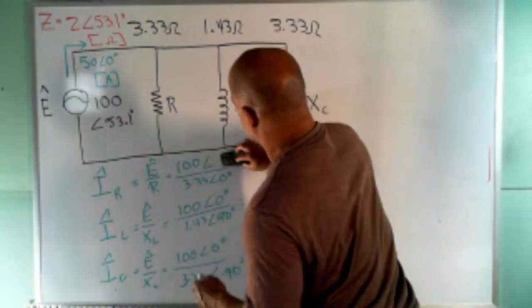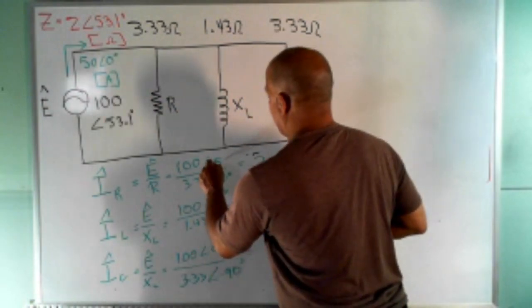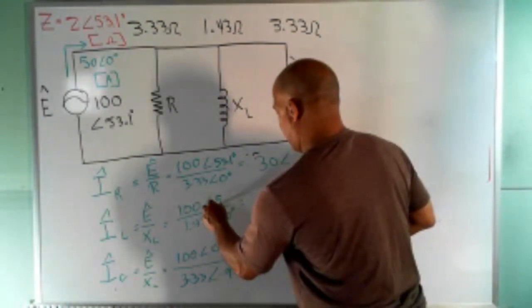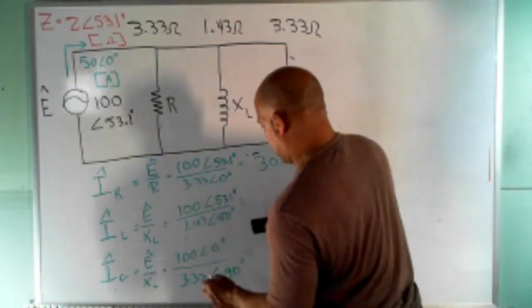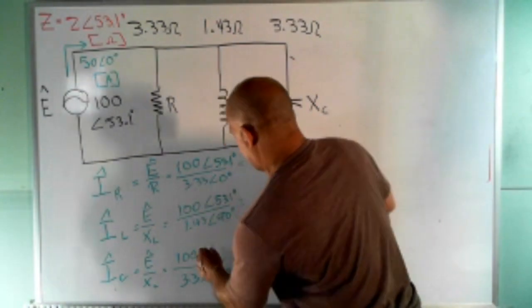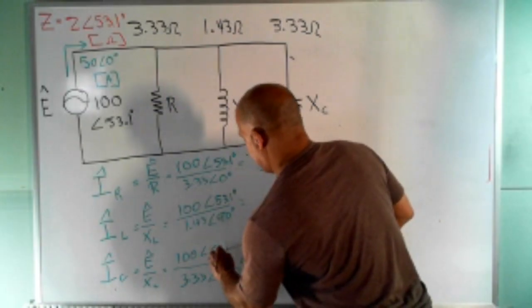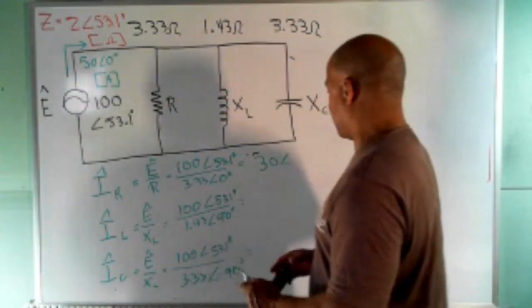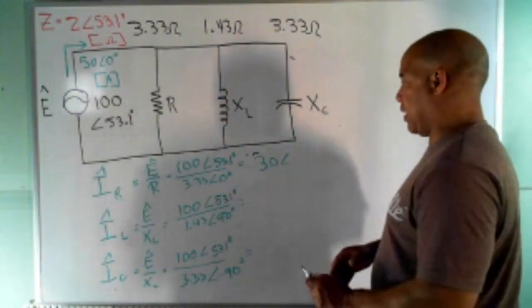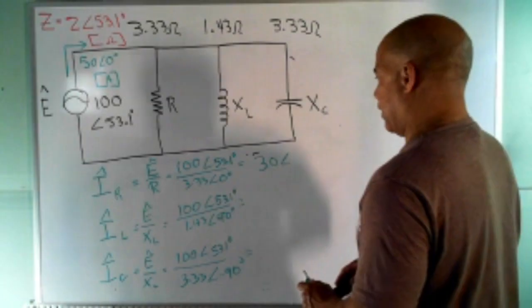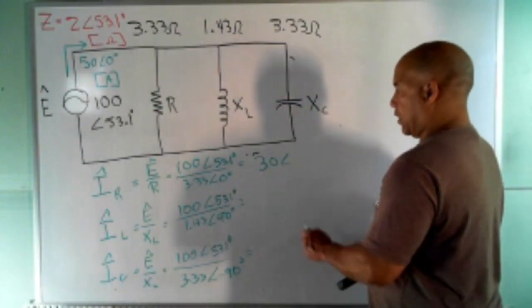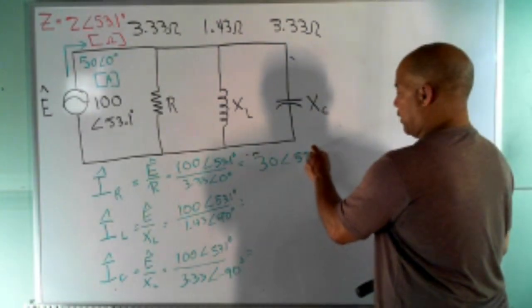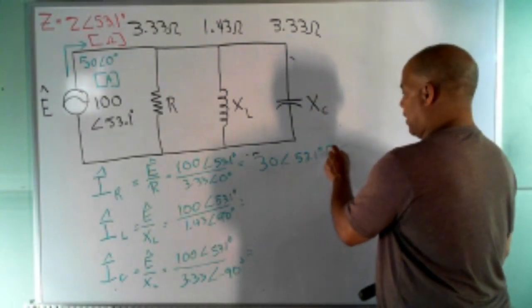It should be 53.1. So if you're writing this down, make sure you change that. I think because I didn't write it on the side, I just didn't pay attention to it. So now this would be, yeah, that looks better. This would be at an angle of 53.1 degrees, and the unit would be amps.